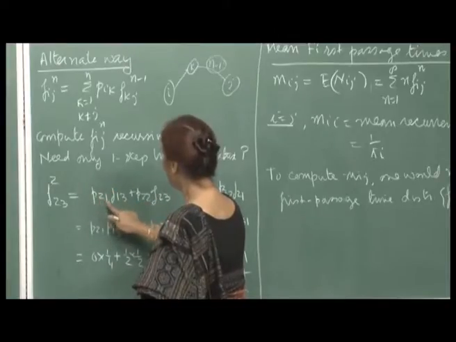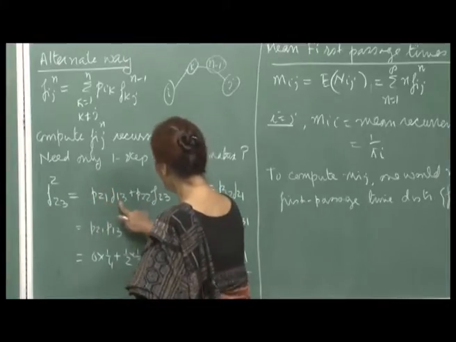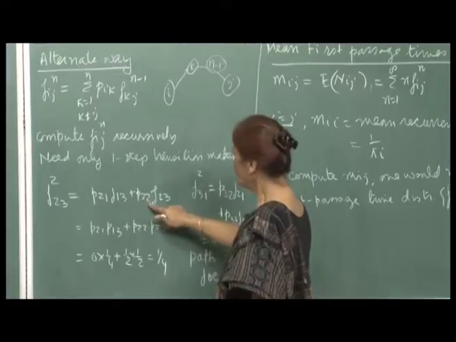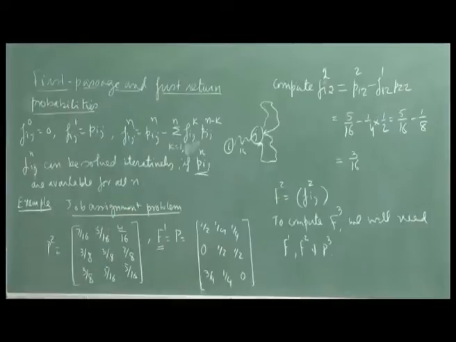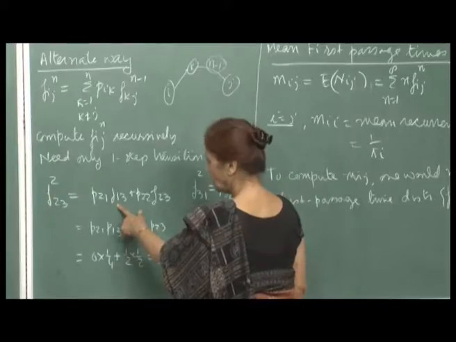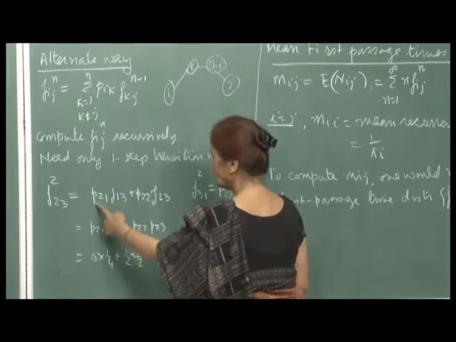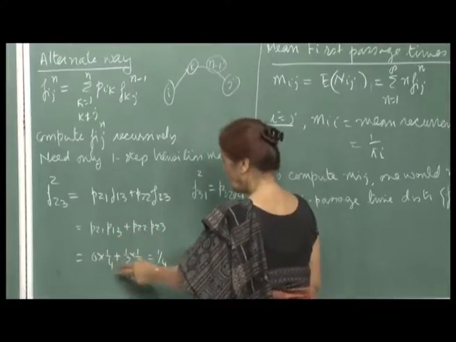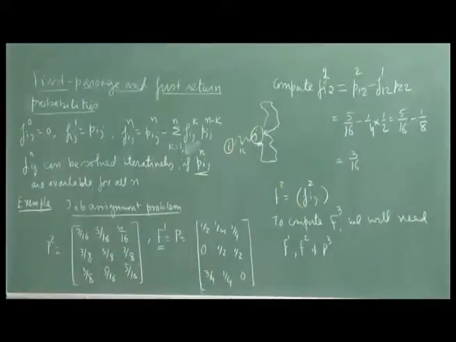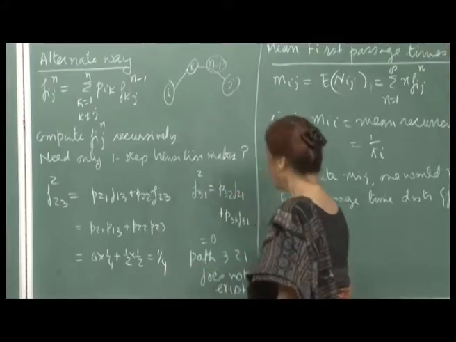Therefore f_23(2) = p_21 f_13(1) + p_22 f_23(1), and this is only p_13. So this is p_21 p_13 + p_22 p_23, and looking up the values in the matrix P, you get this.